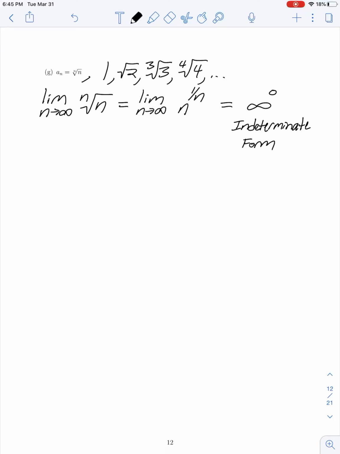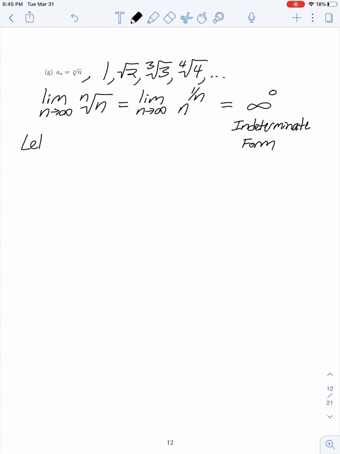So in this case, for infinity to the 0 power, we get an indeterminate form. We're not sure what our limiting value would be. And we're going to need to make use of L'Hopital's rule. But recall, L'Hopital's rule only works in the case that we have an indeterminate form of 0 over 0 or infinity over infinity. So we'll need to manipulate this a little bit.